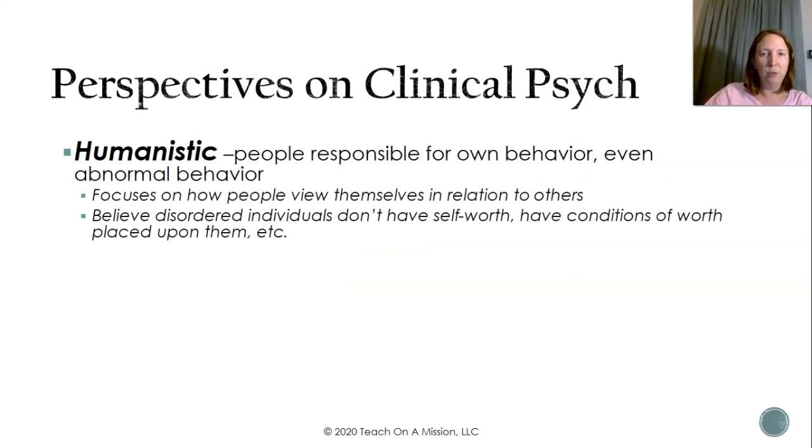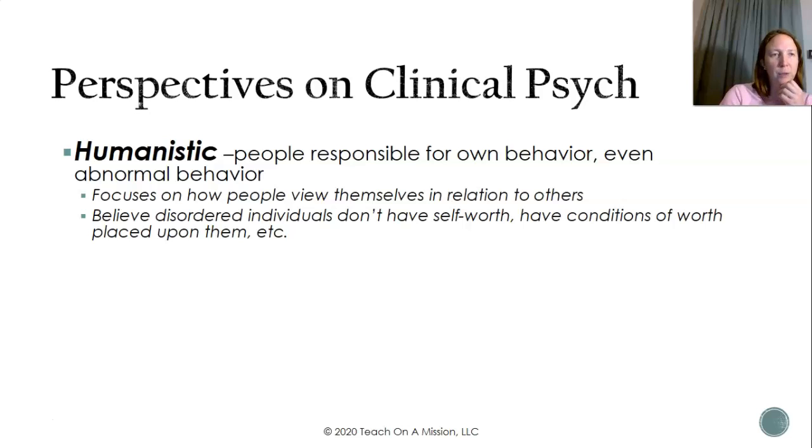The humanistic perspective would say that people are responsible for their own behavior because it's the one that focuses on your sense of self. And even abnormal behavior links back to your sense of self, especially how you view yourself in relation to society and those around you, your peers, your family, the relationship between the individual and society.